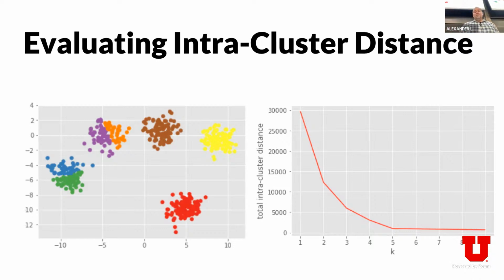And then you measure the total intra-cluster distance. That is exactly what you use in the middle, the distance from the centroids to all of its points summed up, right? If you sum up that distance for every single cluster, you get some number out of it. And if you plot that over the Ks, you will get a graph something like this, right?